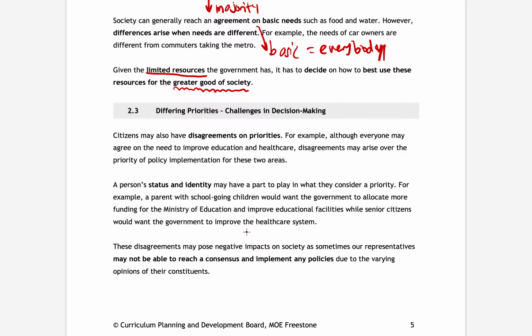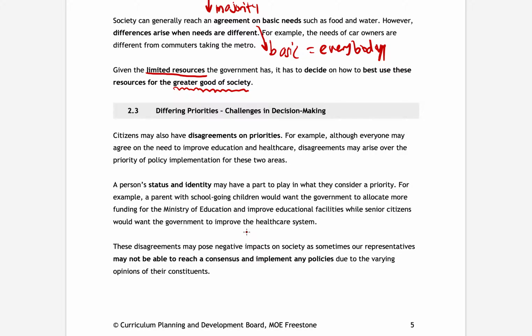Even when it comes to stuff like, recently, sadly, there have been a lot of school shootings in the US, or even the distribution of COVID subsidies to help business owners and people get over the economic depression caused by the COVID pandemic. They cannot even come to a consensus on that, which causes very important decisions that need to be made to not be made in an efficient manner.